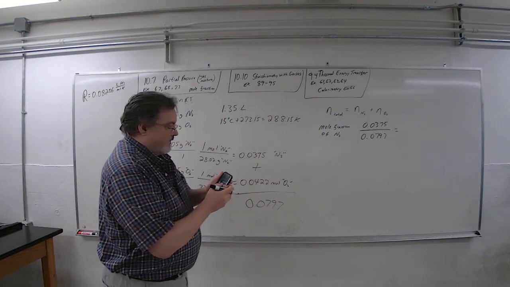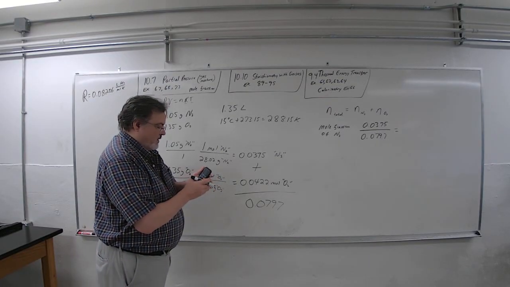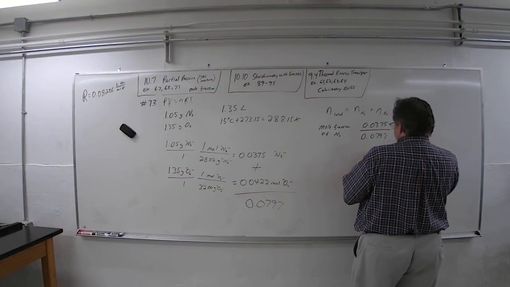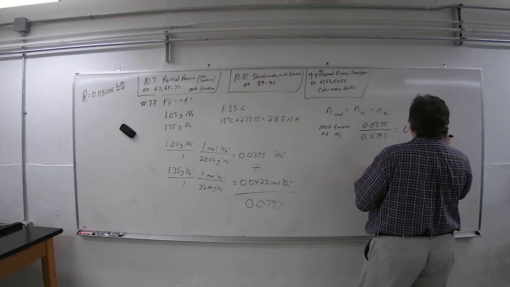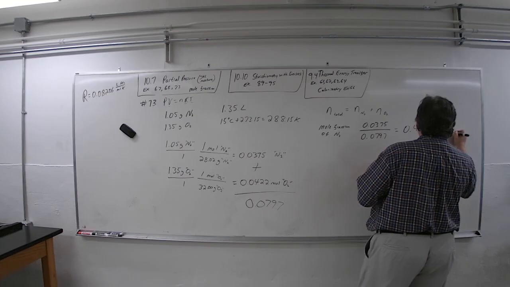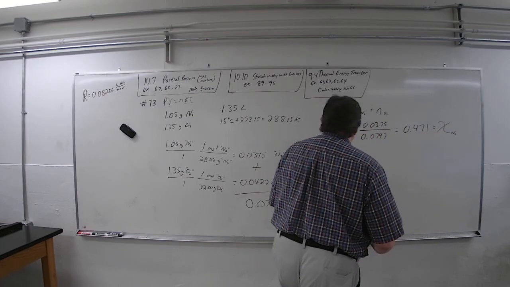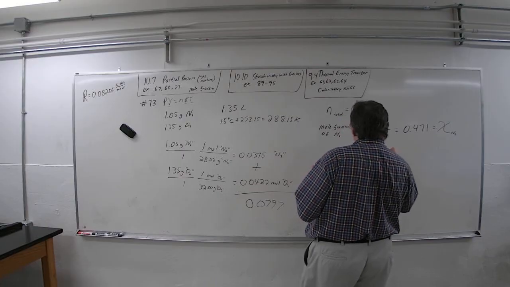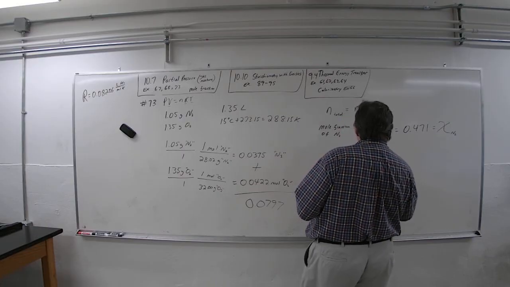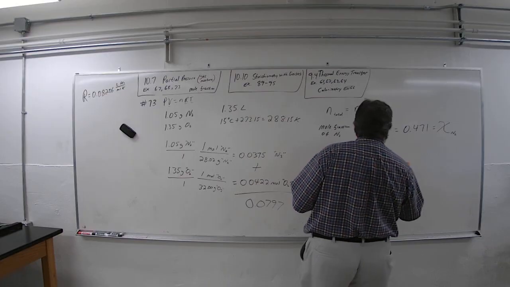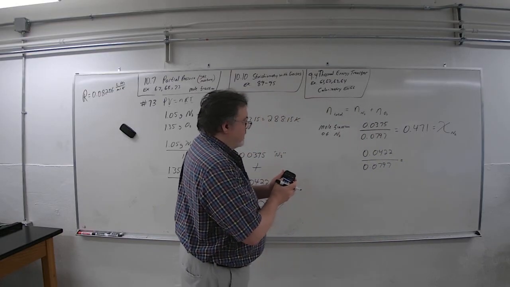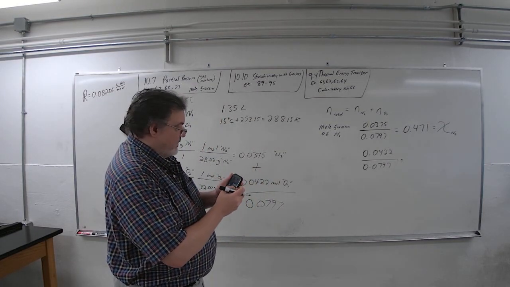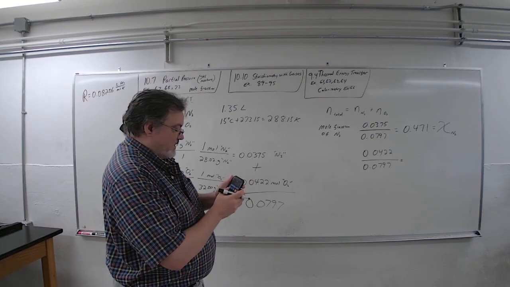0.0375 divided by 0.0797, mole fraction of N2. And for O2, 0.0422 divided by 0.0797.